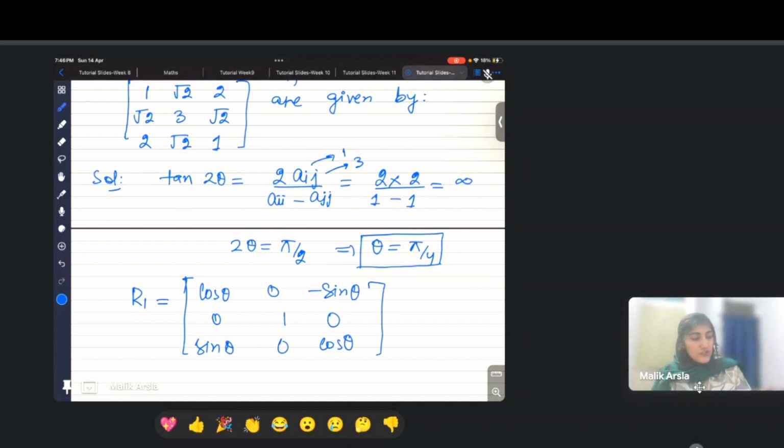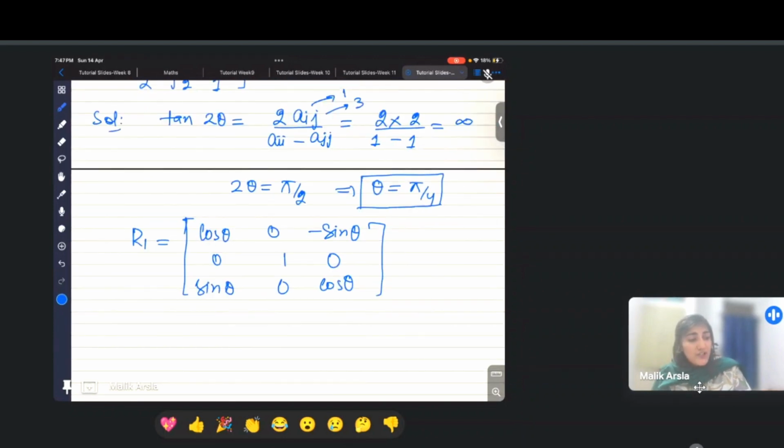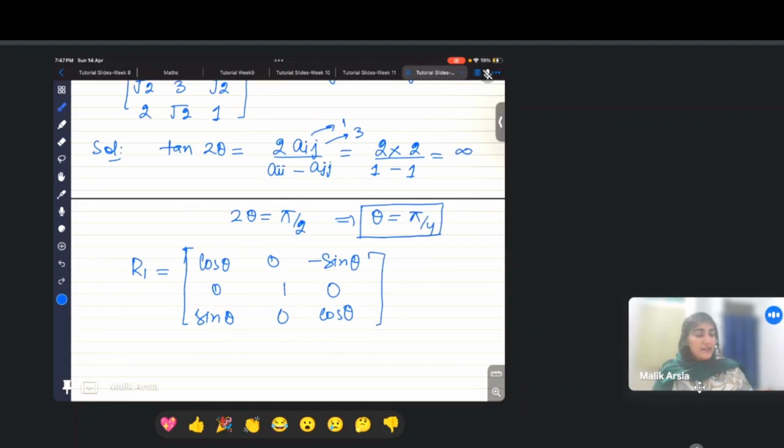This is the format for 1 and 3. If it were 1 and 2, then the first two would be occupied, with cos theta, minus sin theta here, sin theta, cos theta here, and 1 here. As you do it, you will know. So for 1 and 3, you form the rotation matrix like this.